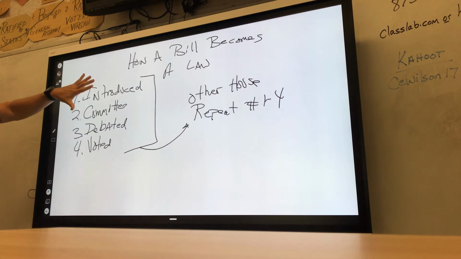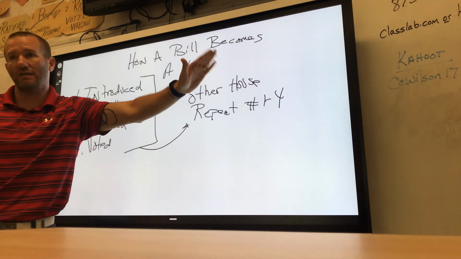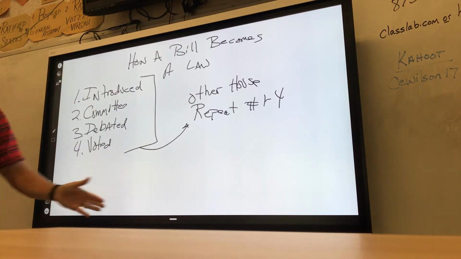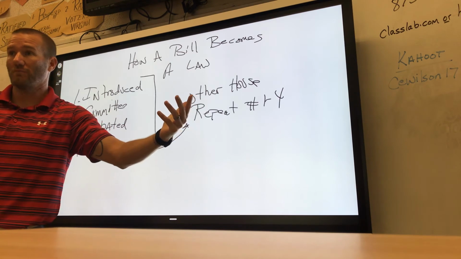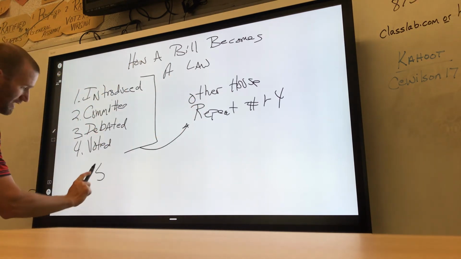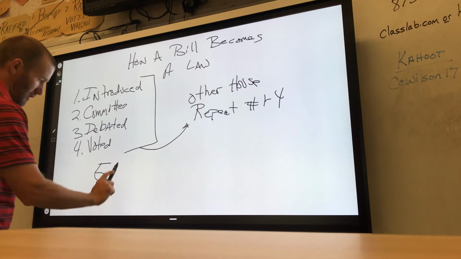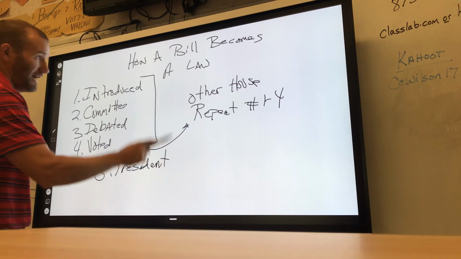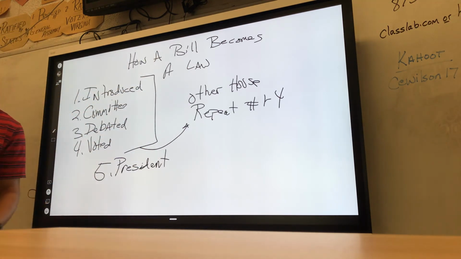If this is the House of Representatives, we go through 1 through 4, then it goes to the Senate, and they do 1 through 4. If this is the Senate, they do 1 through 4, and then it goes to the House, and they do 1 through 4. If both houses get through steps 1 through 4, we go to step 5, the President, to be signed. If he signs it, it becomes a law. If he doesn't sign it, it can still be a law by overriding.